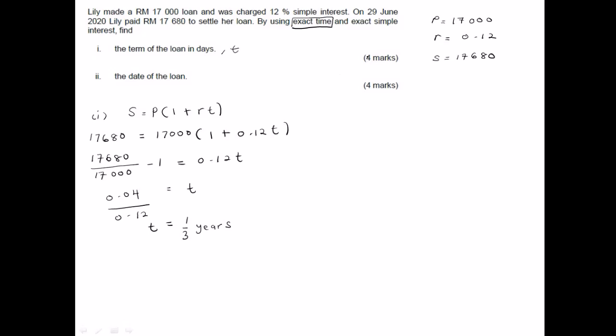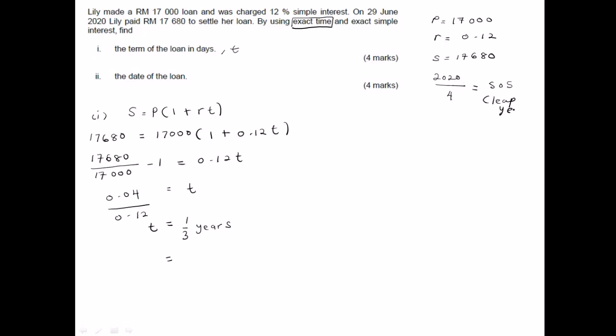1 over 3 years, and because we're using exact simple interest, 2020, we want to determine whether 2020 is a normal year or a leap year. 2020 divided by 4 is 505. Since we get a whole number answer, it means that 2020 is a leap year.